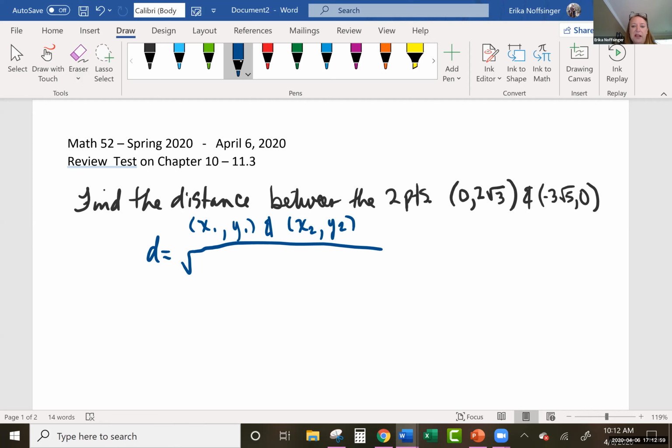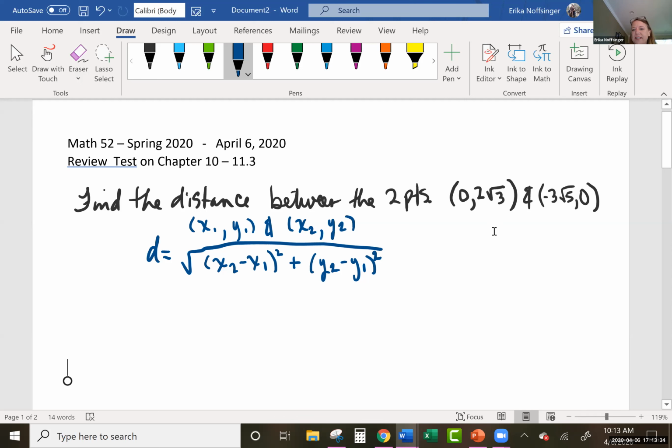I don't know if you guys remember in class, but we did this by looking at these points arbitrarily on the graph and then using the Pythagorean theorem to solve. So it was the change in your x value underneath the radical, x sub 2 minus x sub 1, that quantity squared, plus the change in your y value, y sub 2 minus y sub 1, that quantity squared.